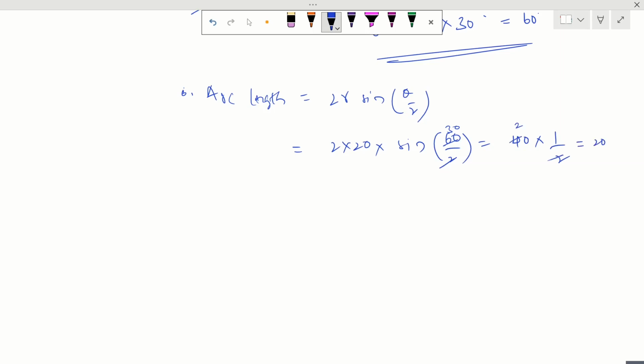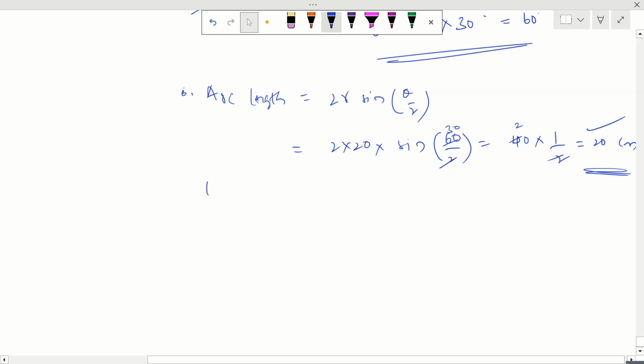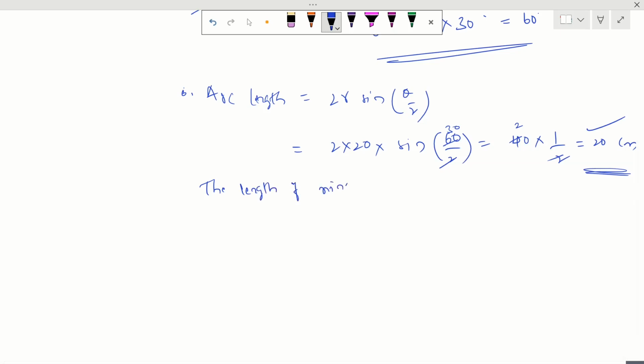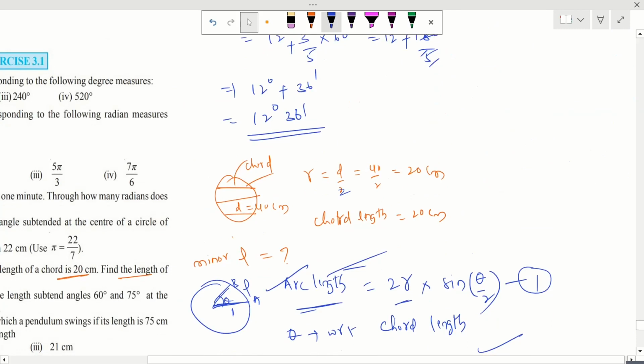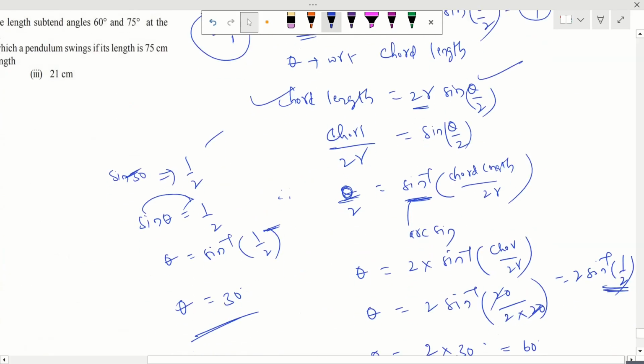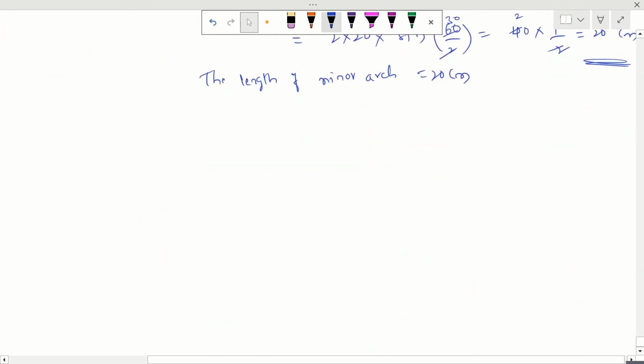Here we got 20 centimeter. So arc length is 20 centimeter. Now this problem is over. The length of the minor arc is 20 centimeter.